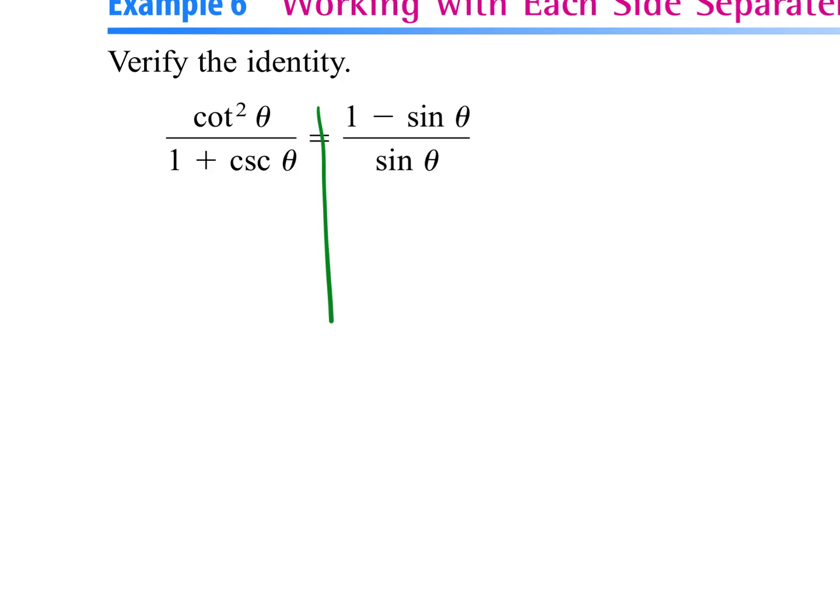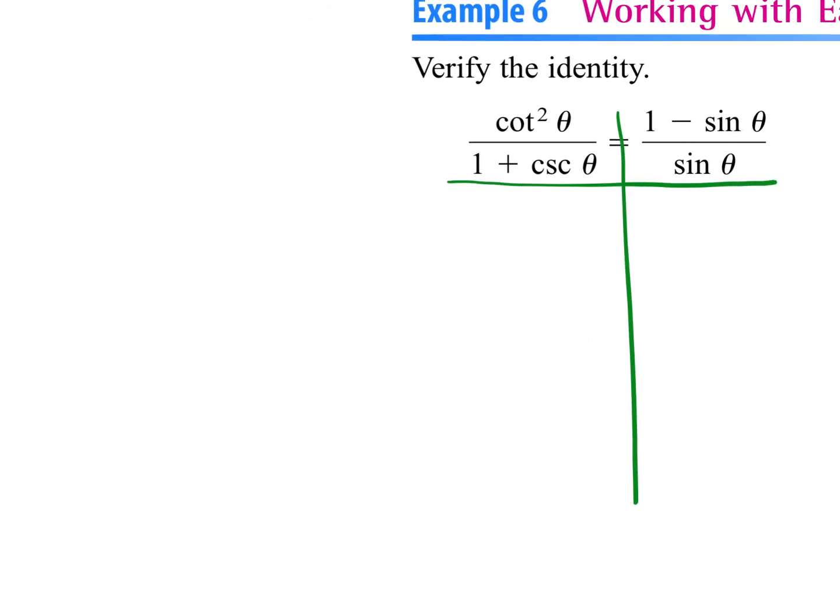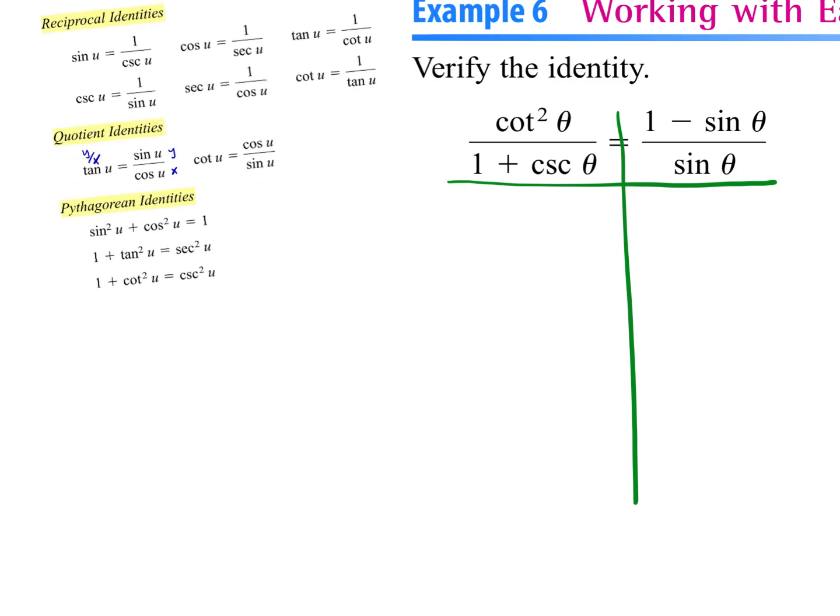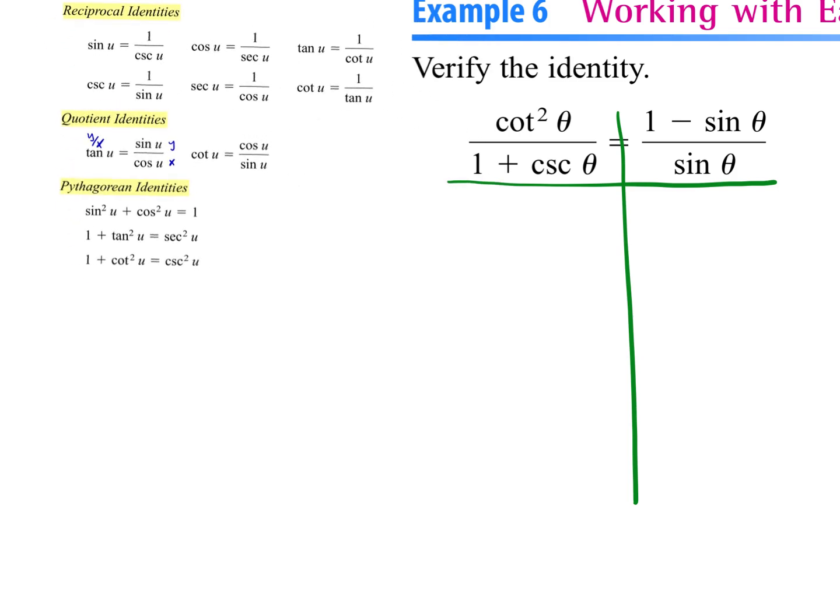So let's draw our wall right down the middle. Any suggestions here to start? You could start with the right.